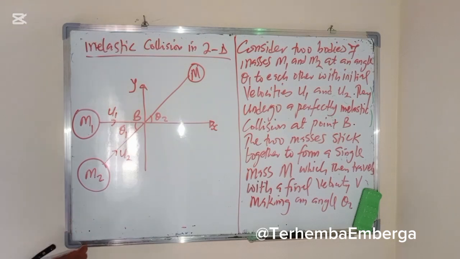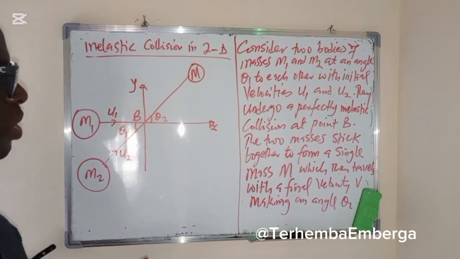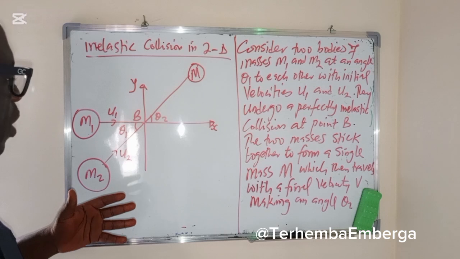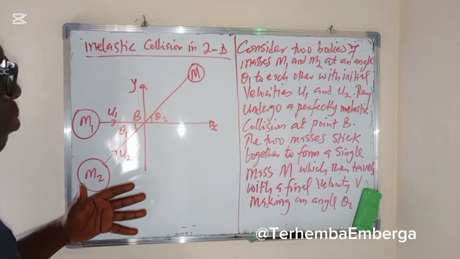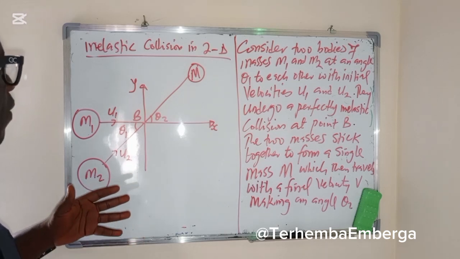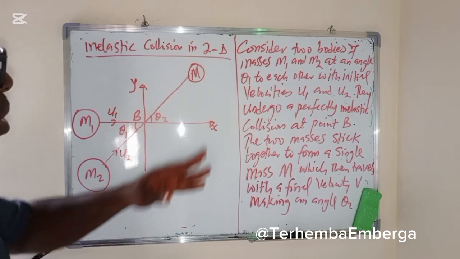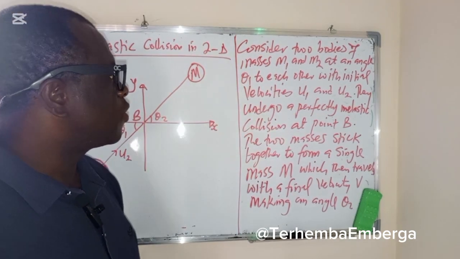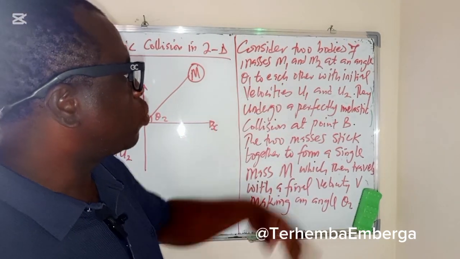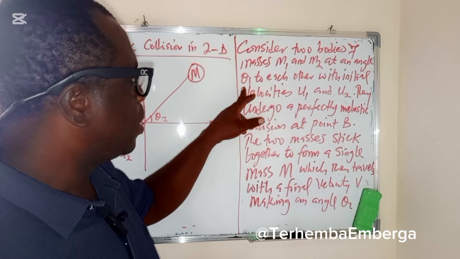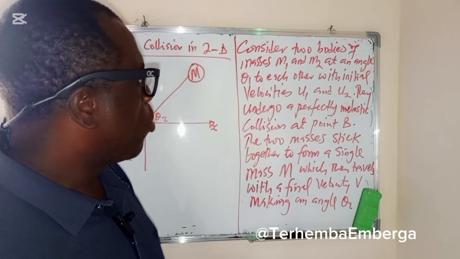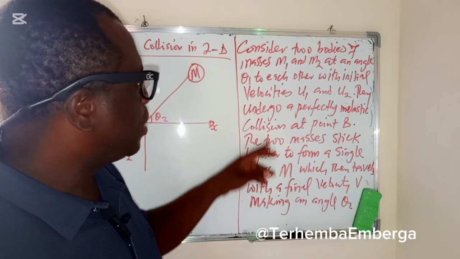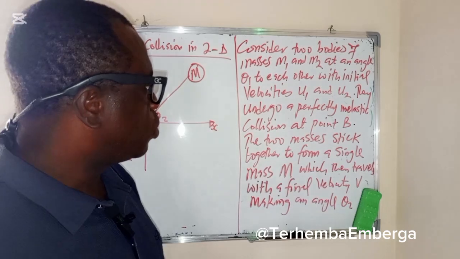So looking at the conservation law of momentum in the case of inelastic collision, we say consider two bodies of masses m1 and m2 at an angle θ1 to each other with initial velocities u1 and u2.